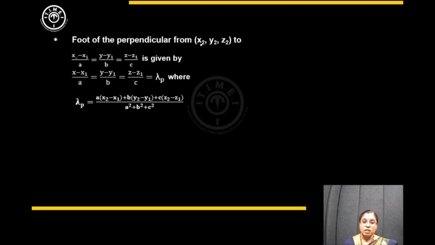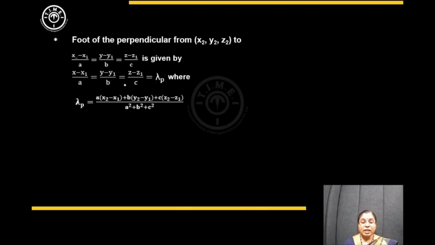We already know x2, x1 and a, similarly y2, y1 and b, and z2, z1 and c. So substituting in this equation, we can find lambda p. Once we get lambda p, we can rearrange (x minus x1) by a with lambda p to find x, similarly (y minus y1) by b to find y, and (z minus z1) by c to find z. Once we get x, y and z, we get the foot of the perpendicular.